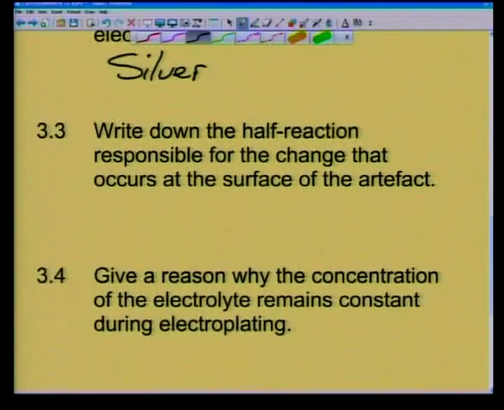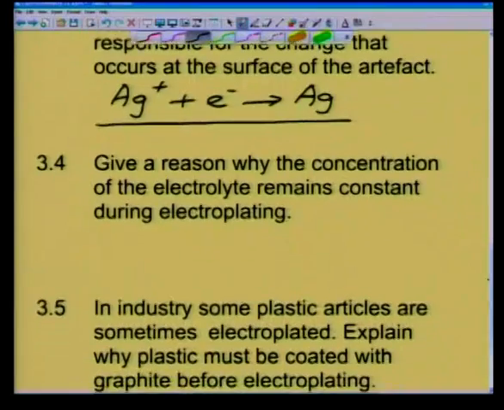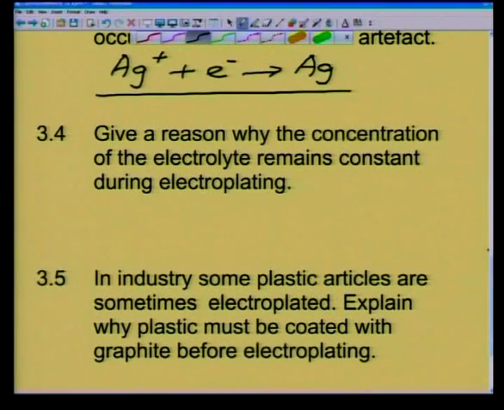Write down the half reaction responsible for the change that occurs on the surface of the artifact. What happens there, we've got silver ions in solution receiving electrons, becoming silver and getting coated around that nickel artifact. Give a reason why the concentration of the electrolyte remains constant during the electroplating.